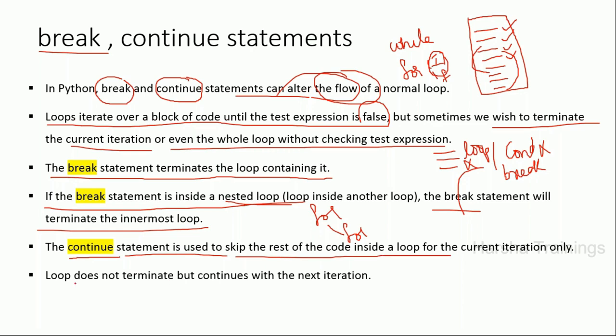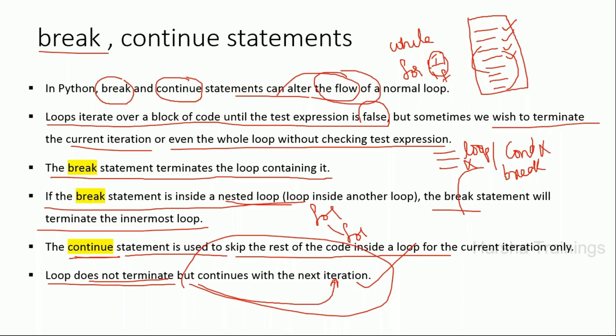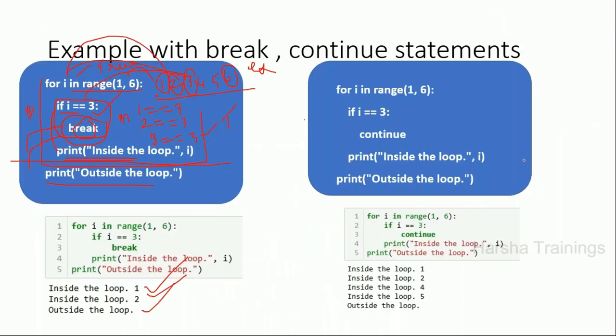If I use the continue statement, the loop doesn't terminate, but it continues to the next iteration. Please remember this point, it is more important. If I use the break statement, it will exit from the condition and exit from the loop. Whereas if I use the continue statement, it will not terminate, but it continues to the next iteration. Now I'll discuss it with a small example.